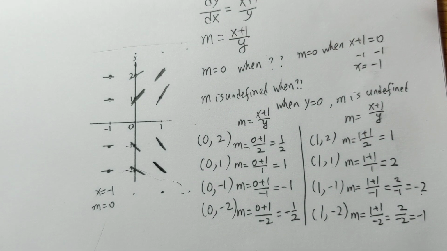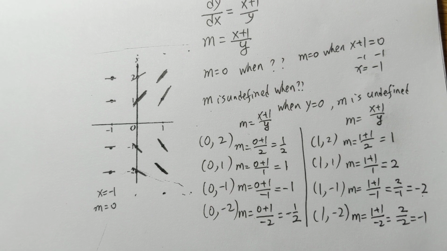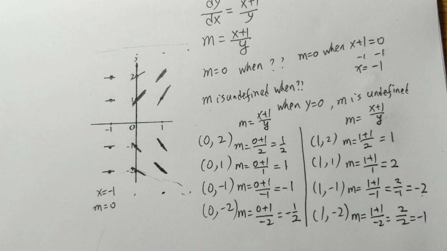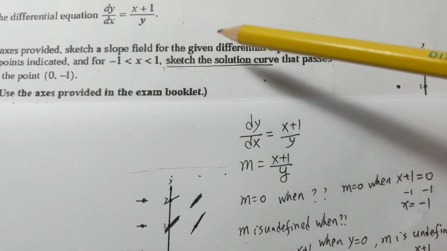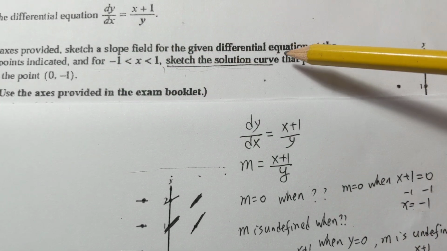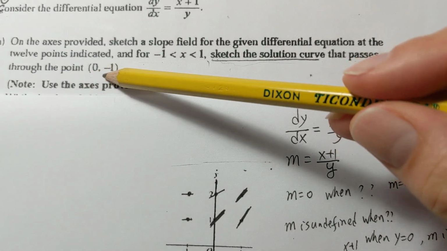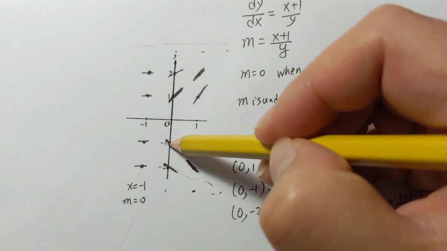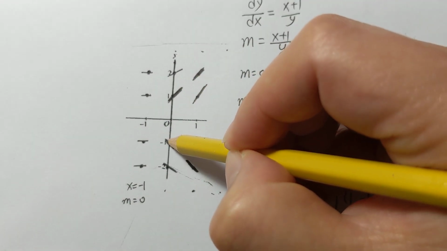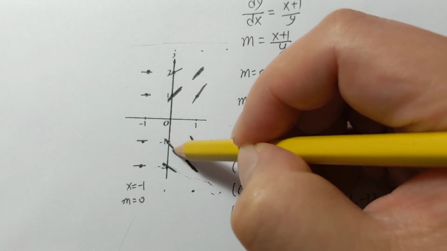Now we just finished drawing the slope field. It doesn't have to be perfect. Let's go back to the question. It says that for this interval, sketch the solution curve that passes through the point (0, -1). So we have to use this point as our beginning point and follow the direction.